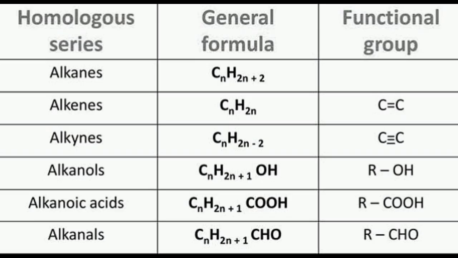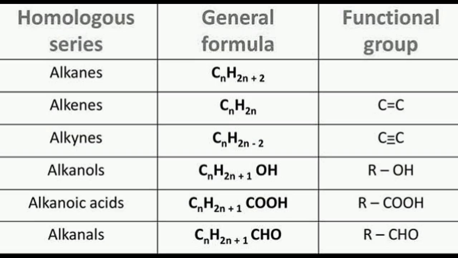What are the characteristics of a homologous series? Number 1, homologous series have the following common characteristics. All members share a general molecular formula. Number 2, each successive member in a series differs in its molecular formula by the addition of a CH2 group, I've already said that, and in its relative molecular mass by an increase of 14.